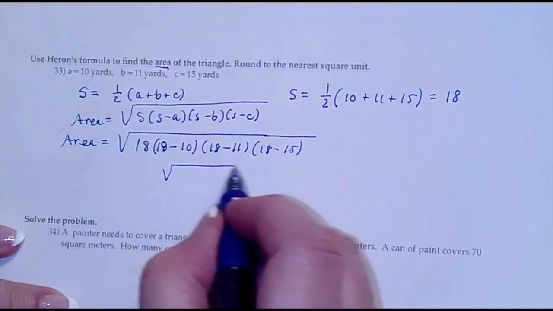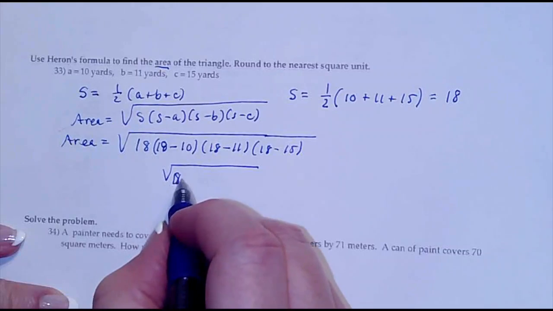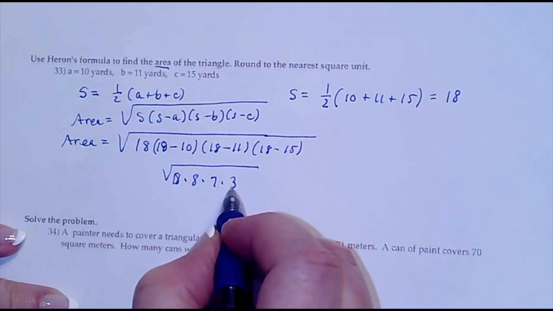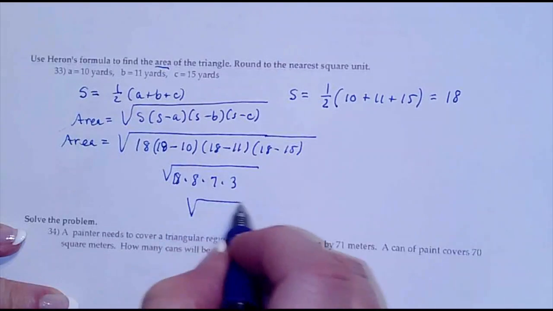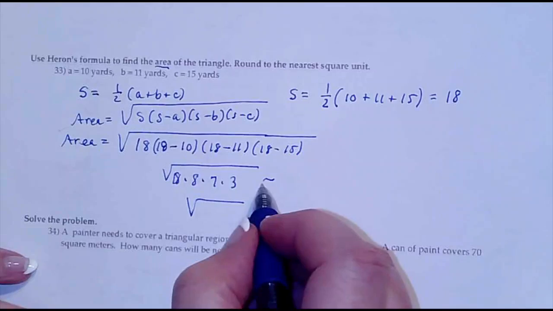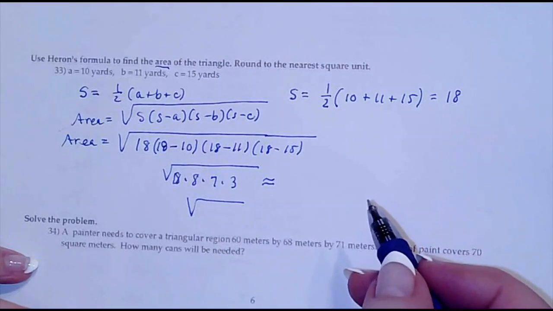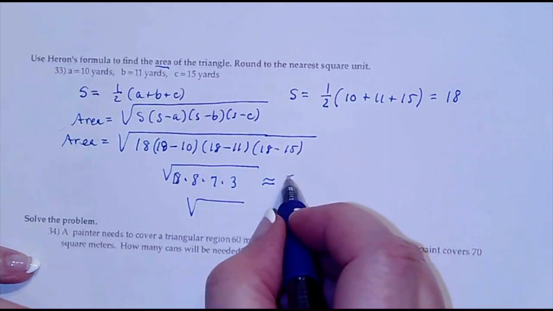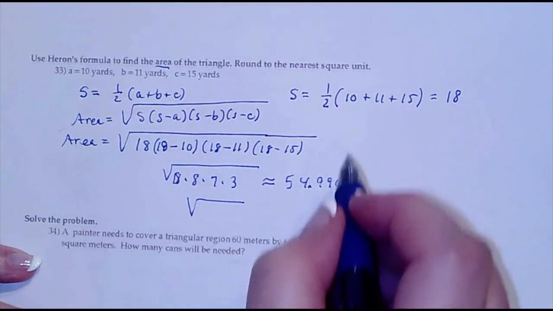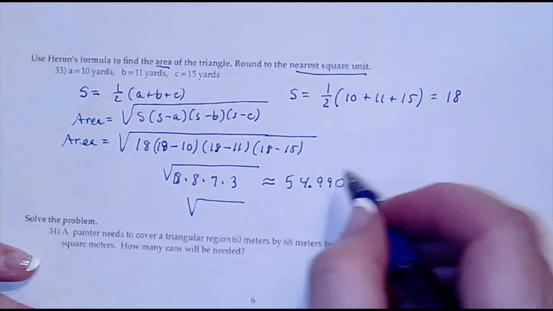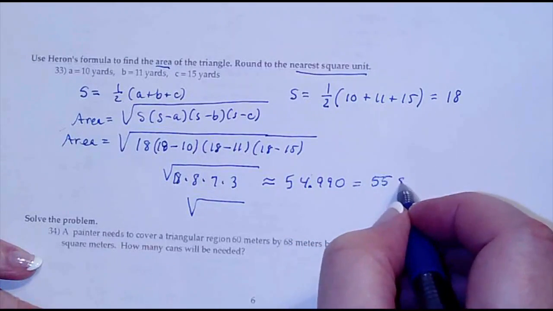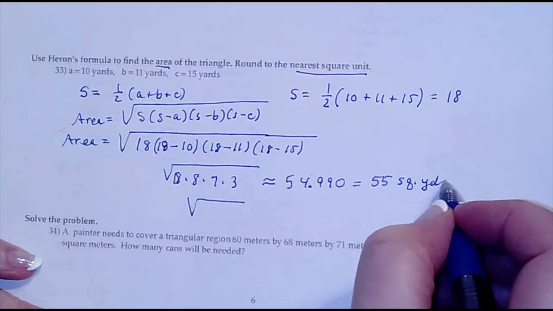So we get the square root of 18 times 8 times 7 times 3. We don't really care about that, we just care about what it is, right? So the square root of all those things multiplied gives you the area of 54.990, but this one does say to the nearest square unit, so the 9 would make it 55, and it's going to be square yards, right?